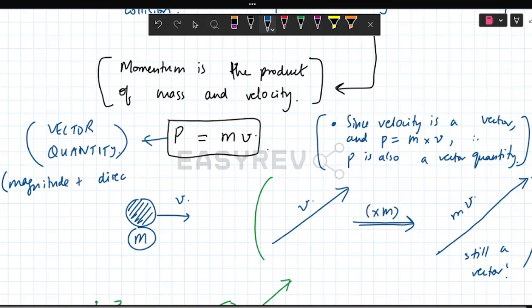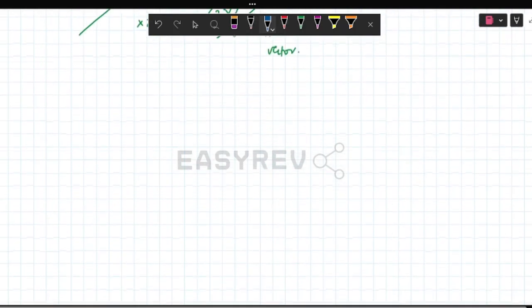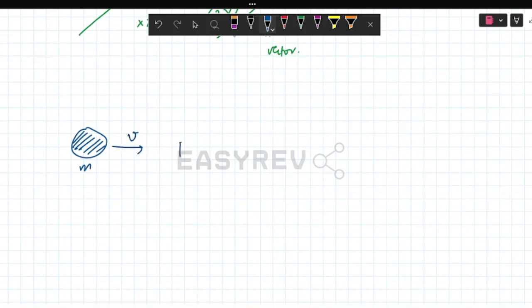And usually the approach we take to give it direction is that when you have momentum directed towards the right, you give it a positive sign, and when it's in the opposite direction, you tend to give it the negative sign. So it would look something like this. If you have that same object with mass m moving with velocity v to the right, if you compute its momentum, it would be m times v with a positive sign.